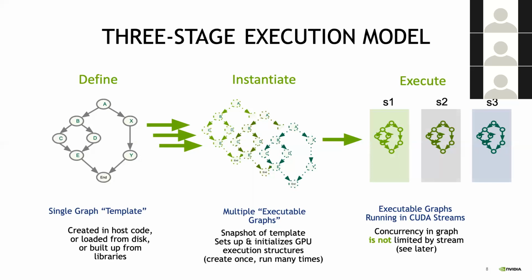When we instantiate the graph, this is similar in performance cost to launching the kernels directly into the CUDA stream, but you only need to pay that one time. Then we can execute the graph many, many times, effectively hiding that setup cost. Overall, although you are doing this one heavy cost, the more you relaunch the graph, the more you are saving from that reduced overhead.